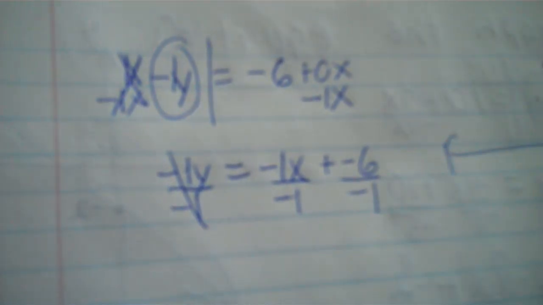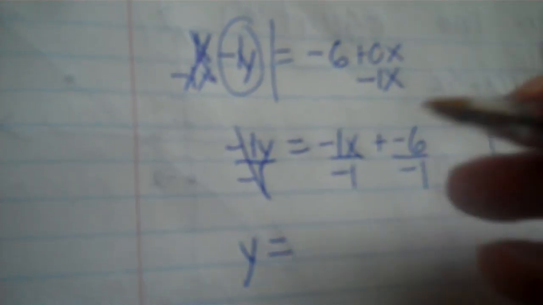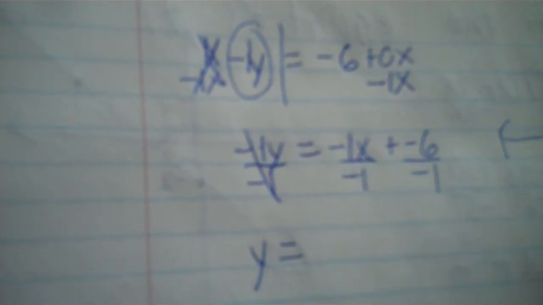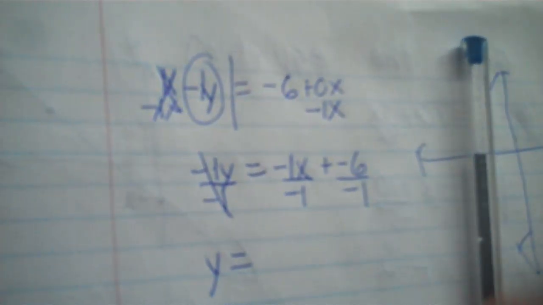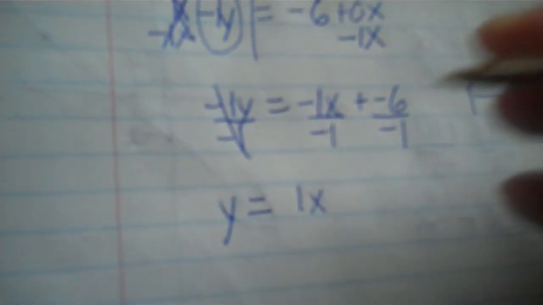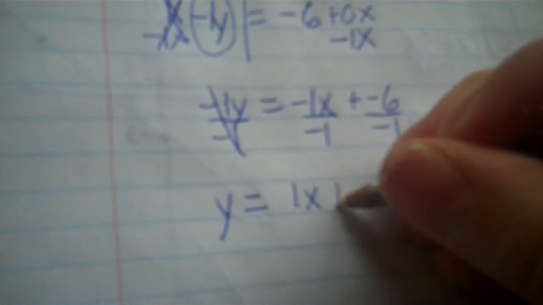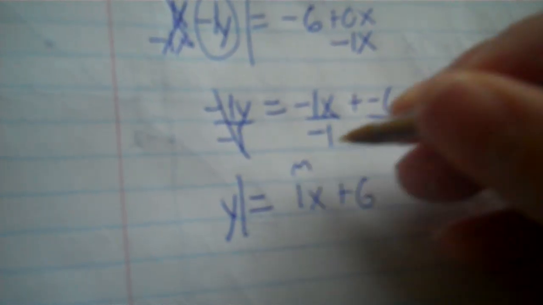Now the y is by itself. So -1 divided by -1 is not a decimal, because if I divide -1 by -1, that's 1. So that's 1x, and that's plus 6. So now I have my m and my b.